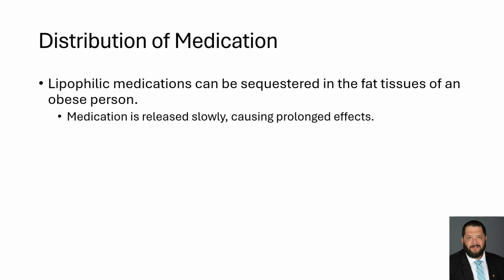Lipophilic medications can be sequestered in fat of an obese person. So this is one part of consideration when you look at medication administration. Someone who has a high concentration of lipid cells or is significantly obese, those lipophilic medications or medications that are tending to hold up in lipid tissue, they may release more slowly, and this may cause a prolongation of the effects.